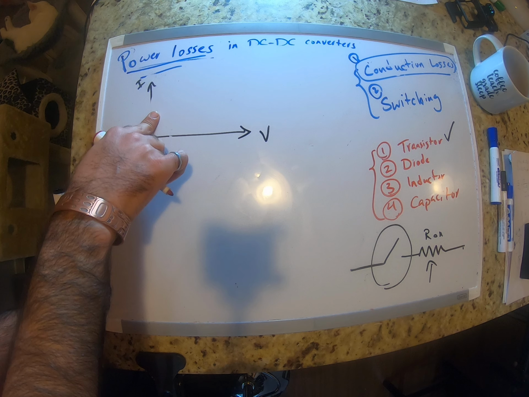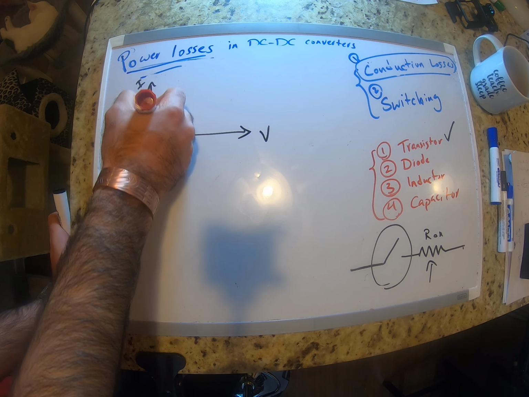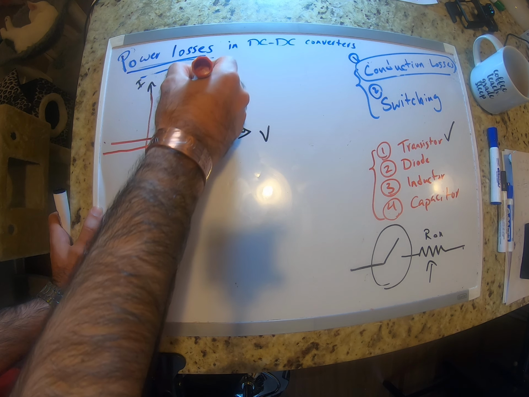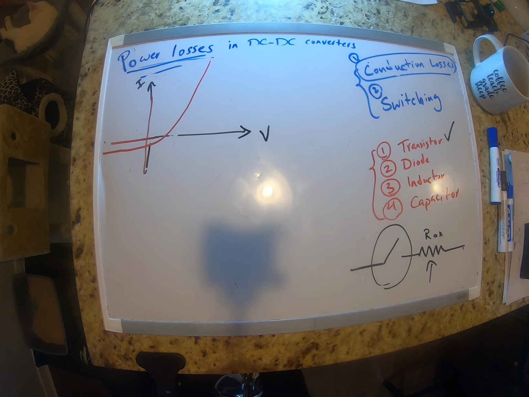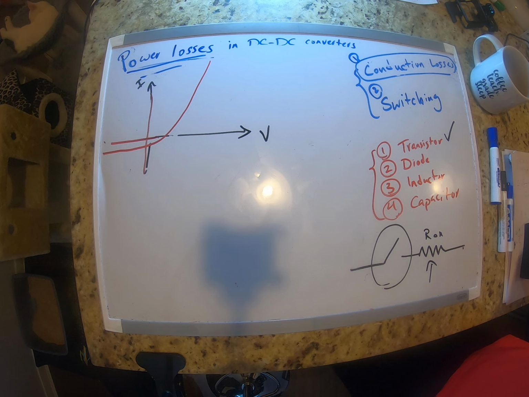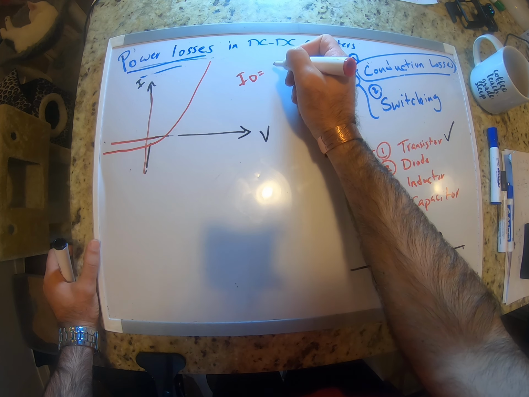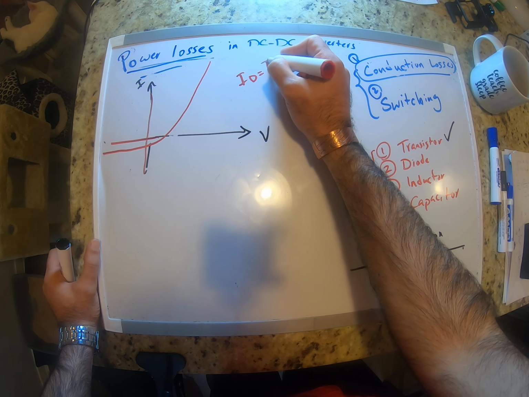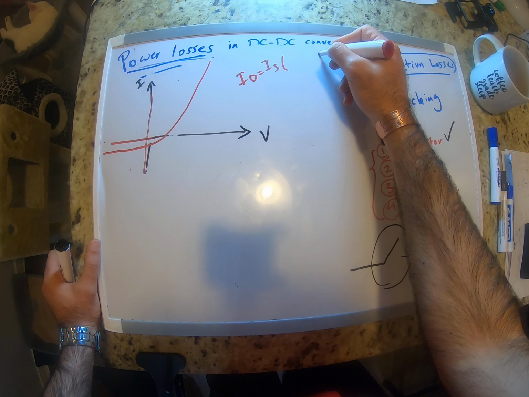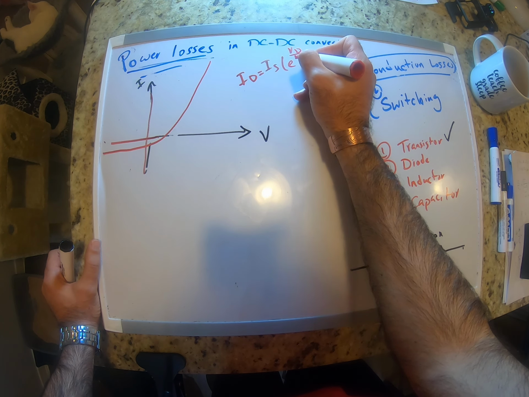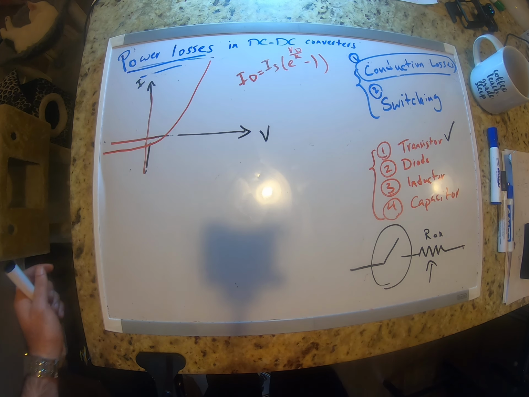In practice, this is not the case. We have something maybe like this. It's not a perfect curve, but basically this is the characteristic of a diode. I think you've seen this in your electronics course, it's an exponential term.